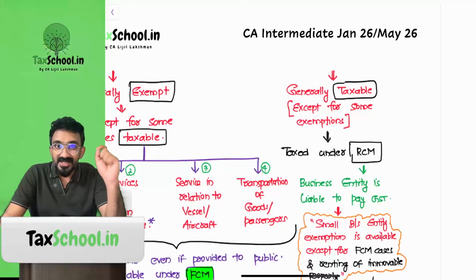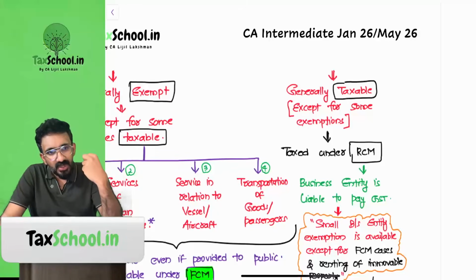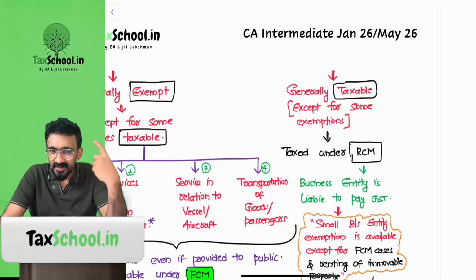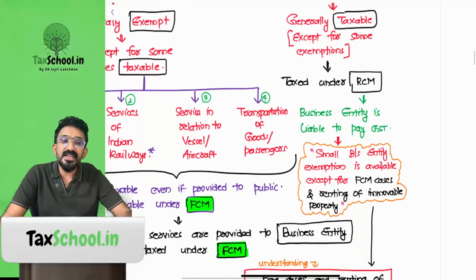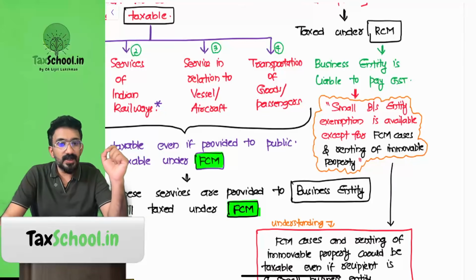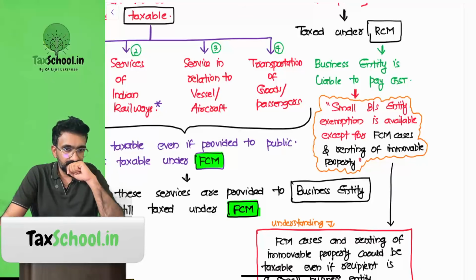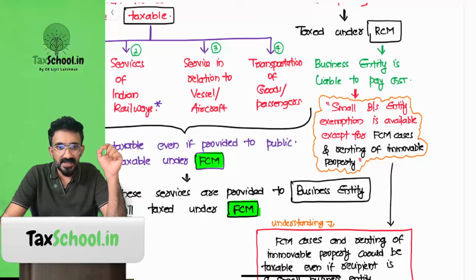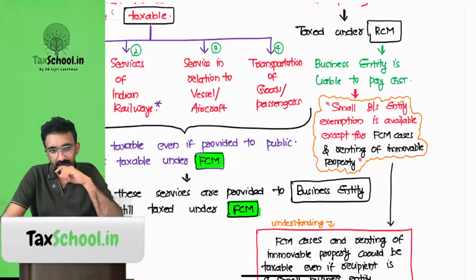What is a small business entity? I told you that I coined that word. It is not part of the section, so don't get confused on that. Small business entity exemption applies when your last year turnover is less than or equal to the threshold limit for registration.